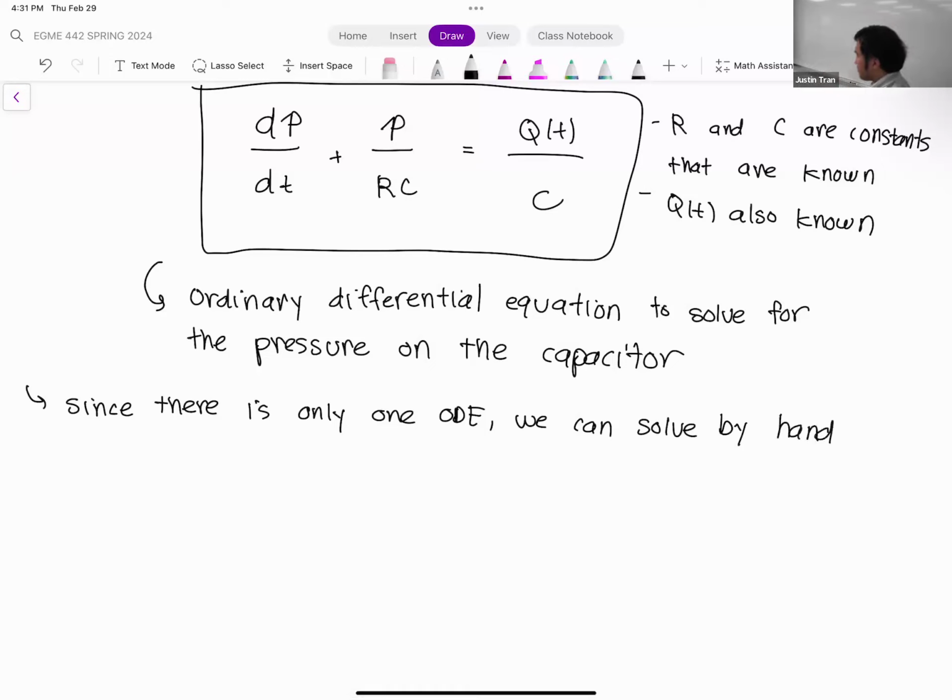Okay. If you need a refresher from 308 or through 250B, this is an inhomogeneous first order differential equation. And so these equations we can solve using an integrating factor. Okay.